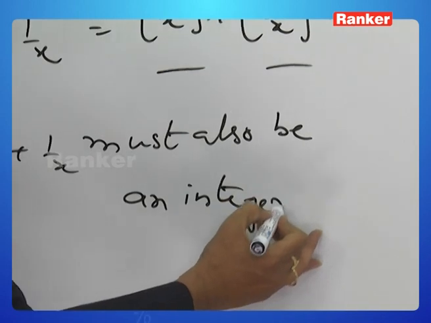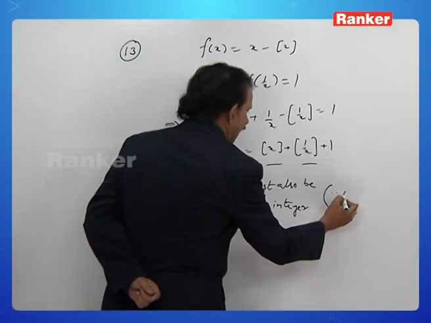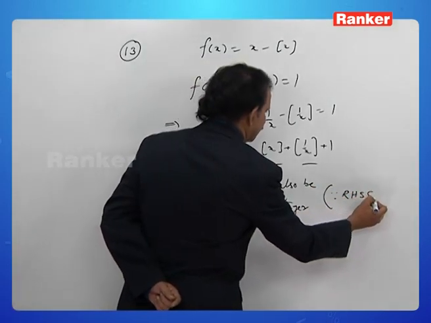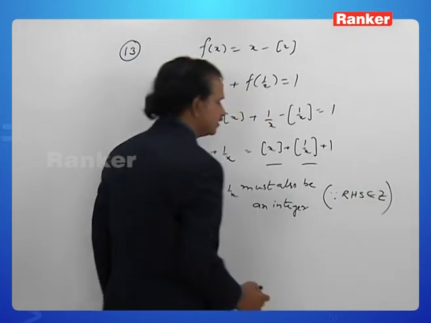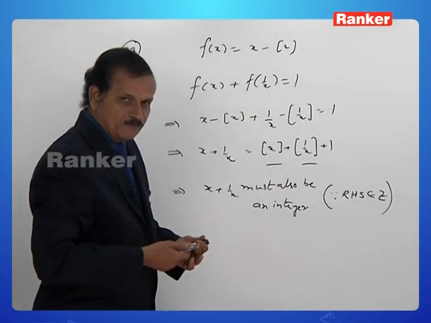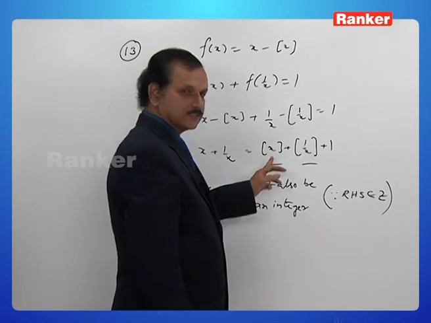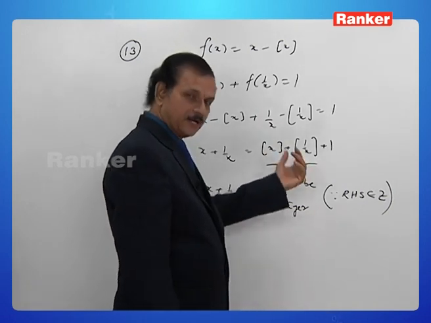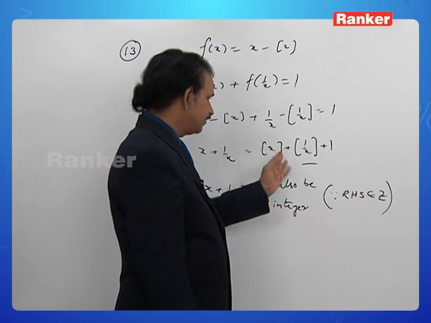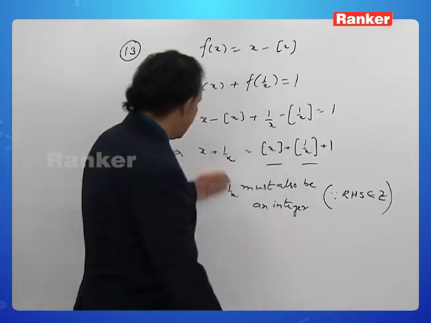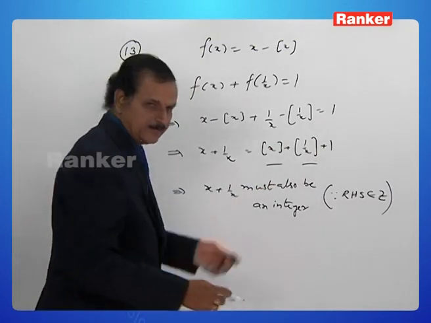Why? Because RHS belongs to Z, the set of integers. Why should we believe that? Integral part of x, integer. Integral part of 1 by x, integer. 1, integer. Their sum is also an integer. Therefore, LHS must also be an integer.